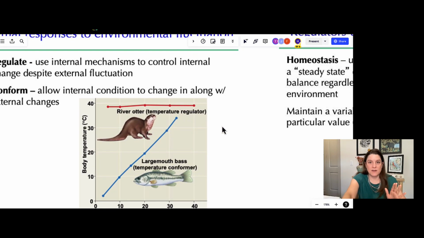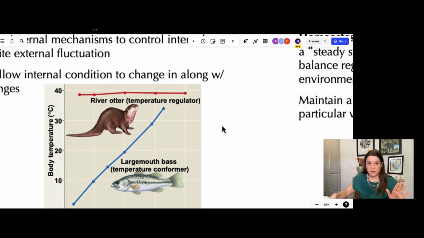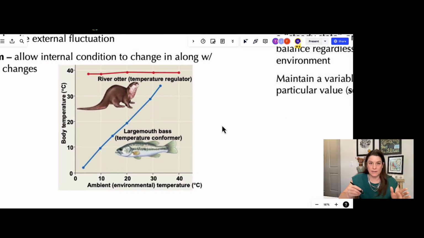So here's an example of a river otter, which is not an example that you'd use for anything in this unit, because these are vertebrates. They're not in Animals 1, they're Animals 2. But this is what the book has as an example of temperature regulation, right?